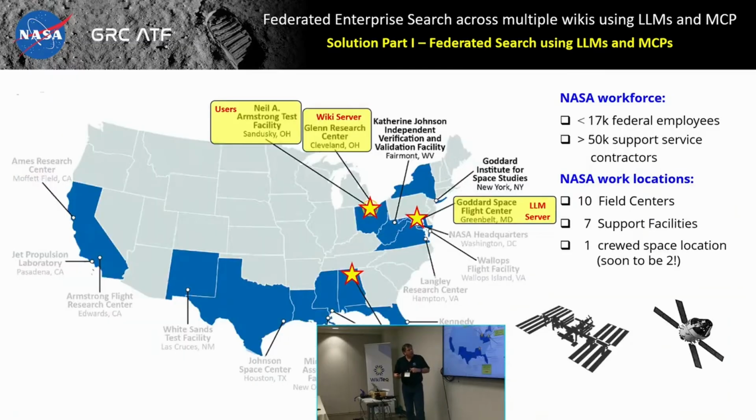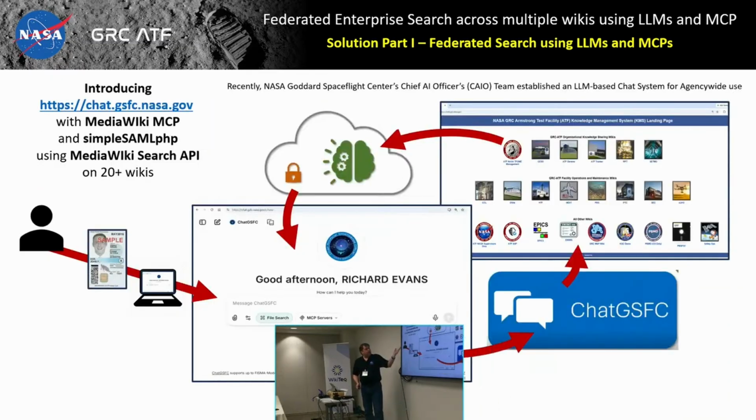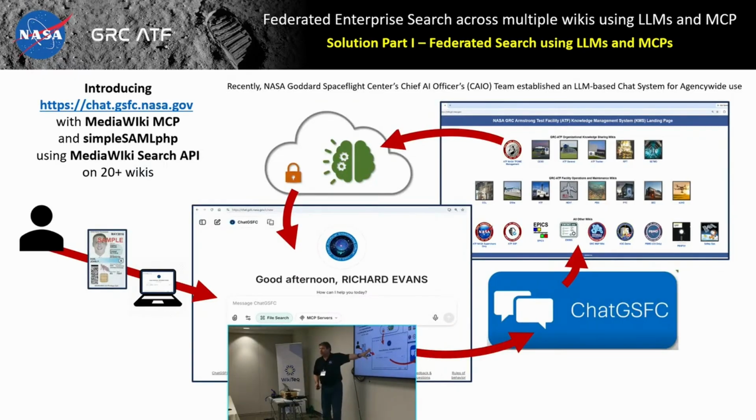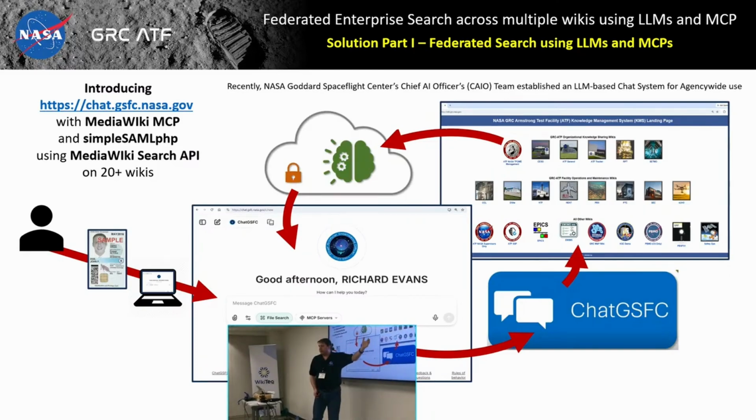And when we're done, what we're going to be able to do is program the Chat GSFC service through the MCP on the back end configuration, so that if I say, where is my file in the ATF knowledge management system, it will know to go search all these wikis, compile all the results, and do a RAG response to the user.